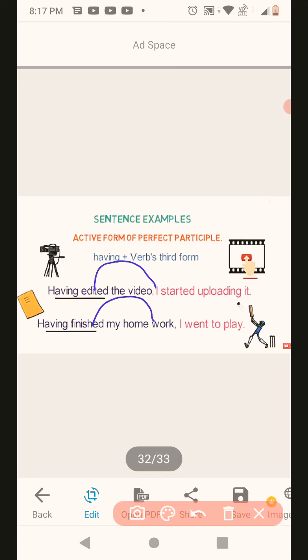Okay, so understood the difference, children? All participles give information about the noun, but the formation of present participle is verb 1 plus ing. Formation of past participle is third form of verb, and formation of perfect participle is having plus third form of verb.